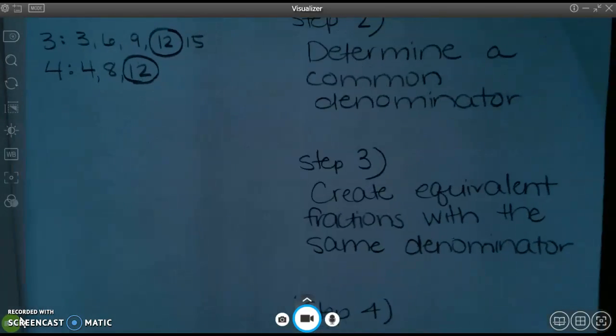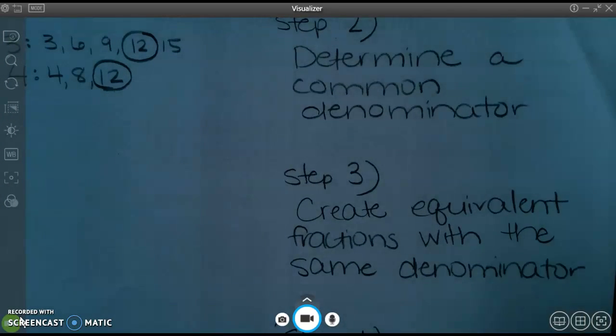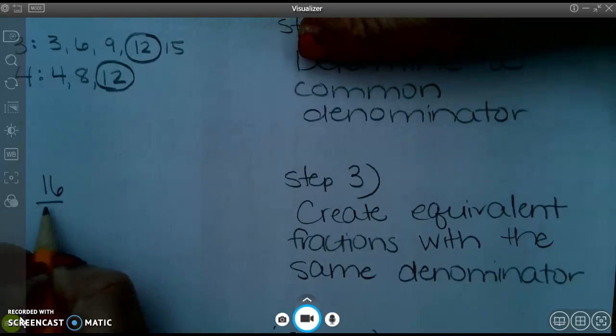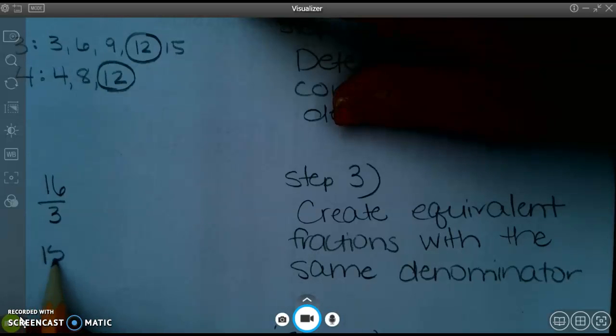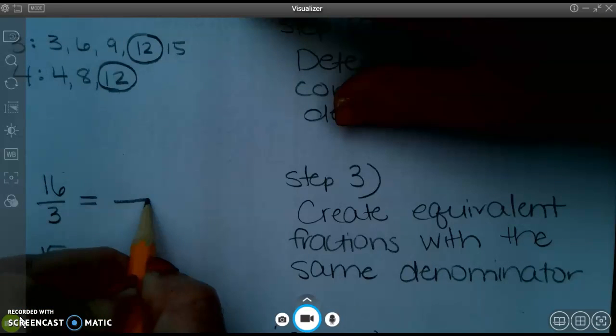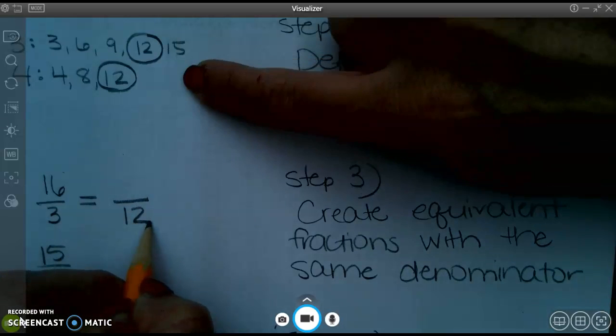Alright, step 3. Create equivalent fractions with the same denominator. So originally we had 16/3. We also had 15/4. I'm just going to write them vertically. I'm setting them equal to a fraction with 12 as the denominator.